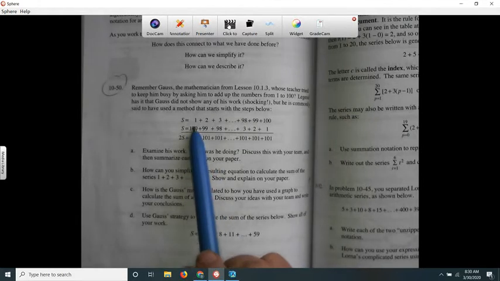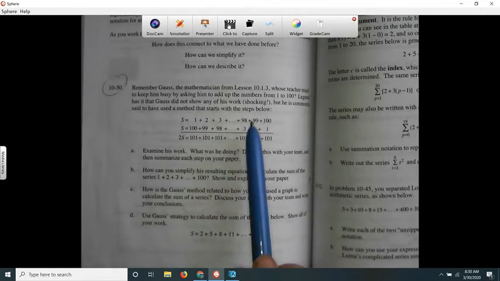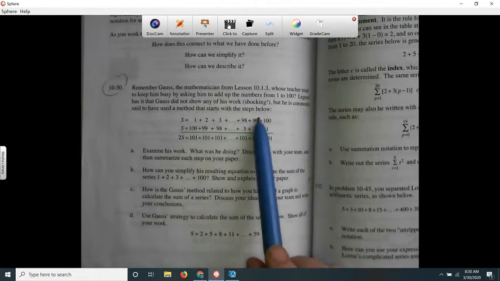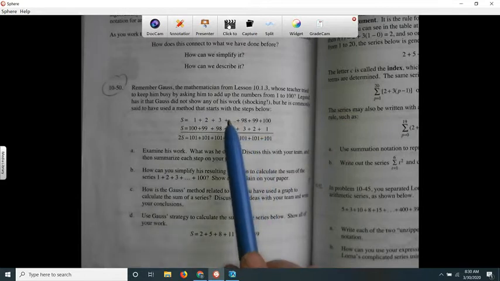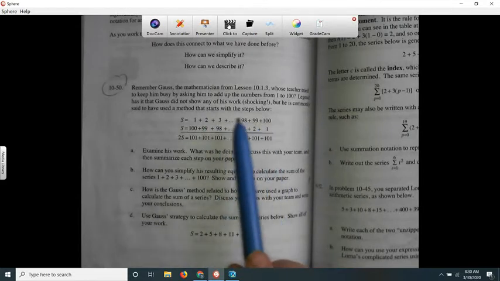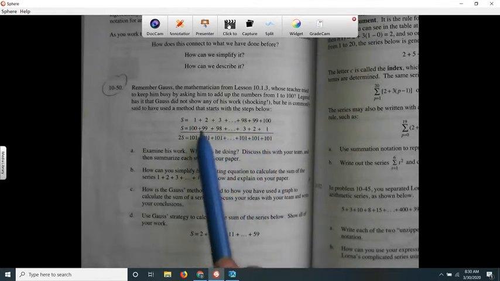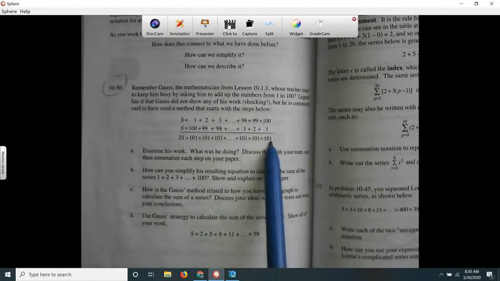So everybody look at this. Hopefully you'll notice that this bottom one is the same thing as the top one, but written backwards. All these numbers in between are just the numbers in between, but this one's going the other way. But you'll notice that these pairs all add up to 101.